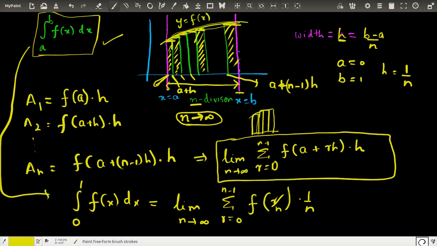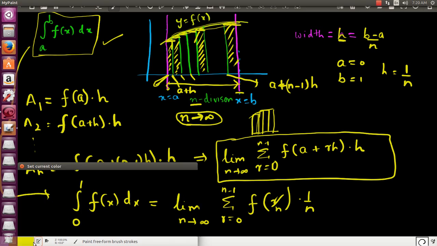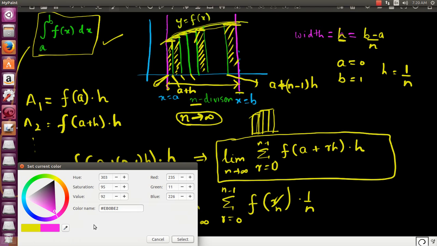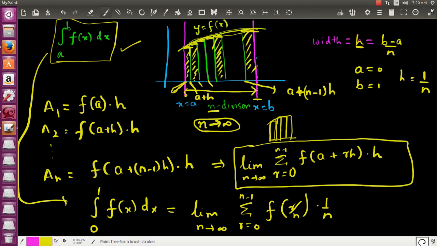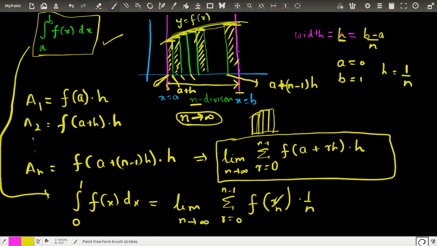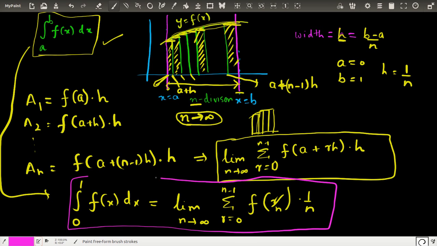So we can see a shortcut over here. I'm using a highlighter just to make the point a bit more clear. If you need to convert a limit expression into a definite integration expression, r by n becomes x, and a small infinitesimal dx is derived from 1 by n.